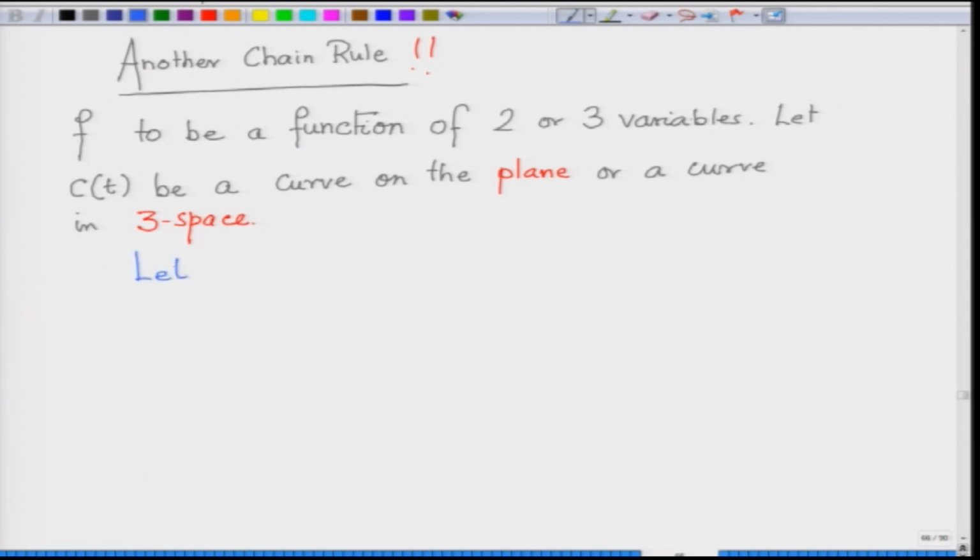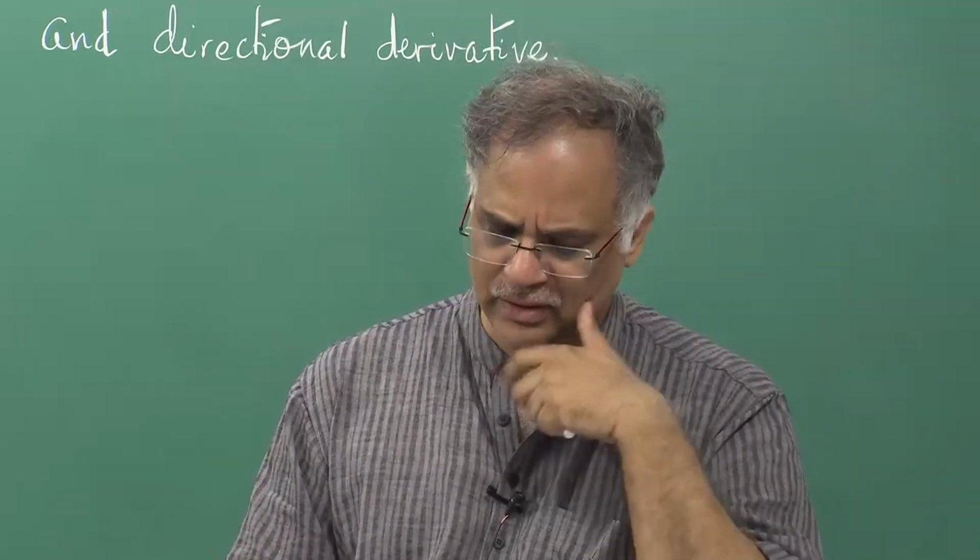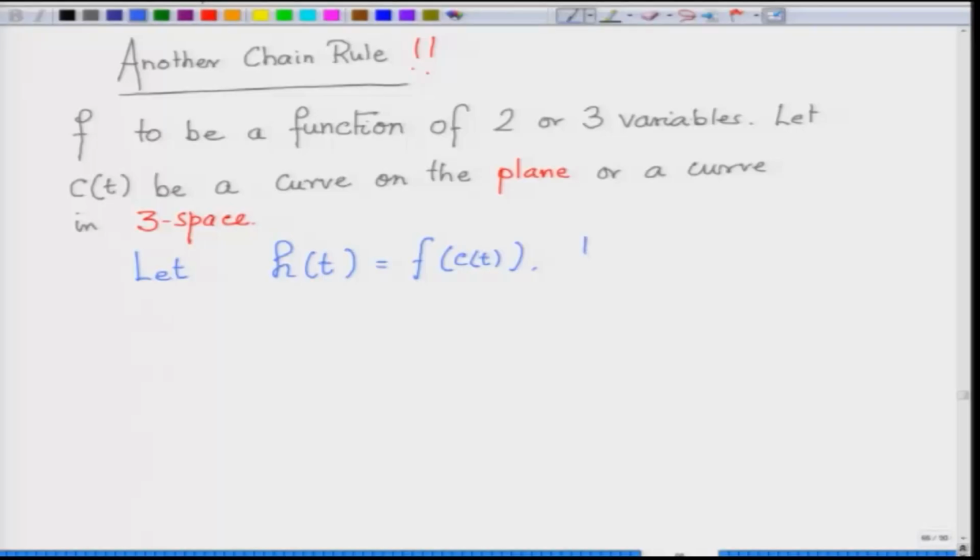Let h of t be f of c(t). c(t) has x(t), y(t) and z(t); the curve is defined by that, right, and c(t) has 3 coordinates. So, x(t), y(t) and z(t). I will tell you in detail.